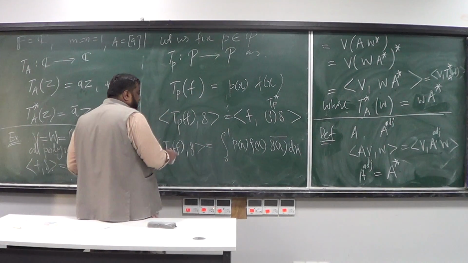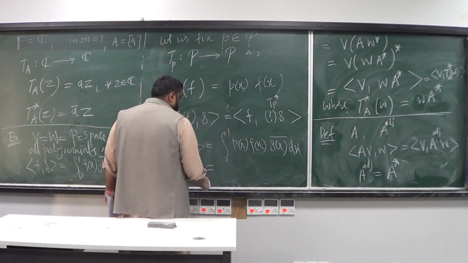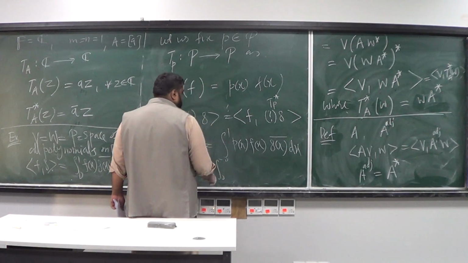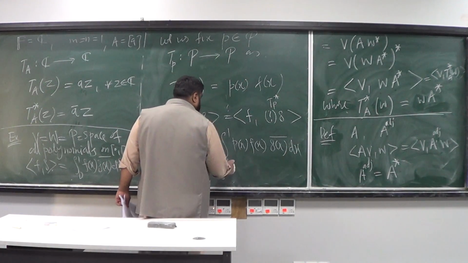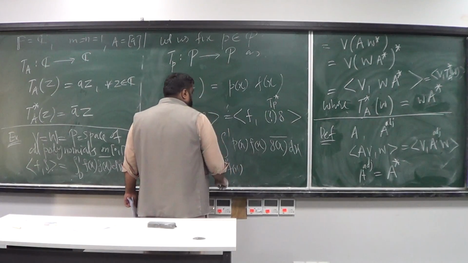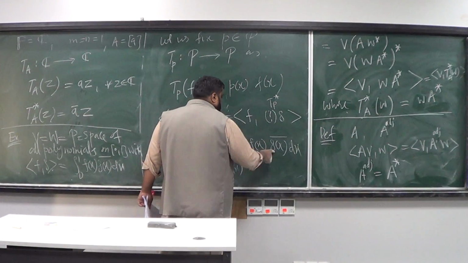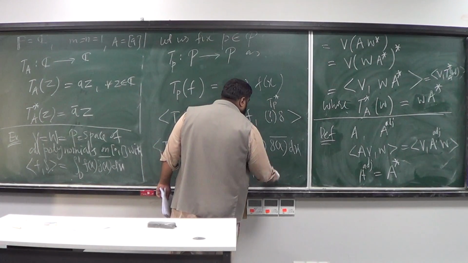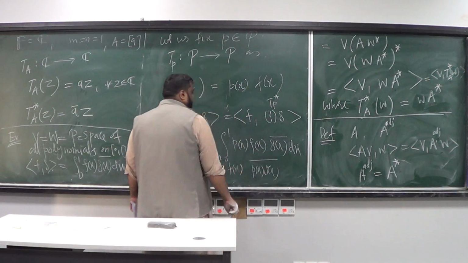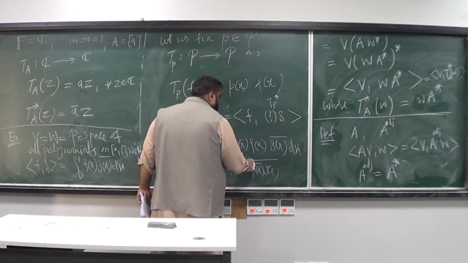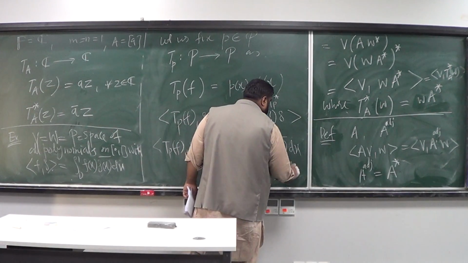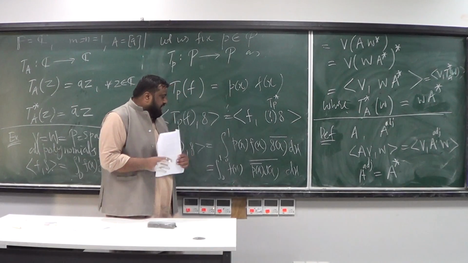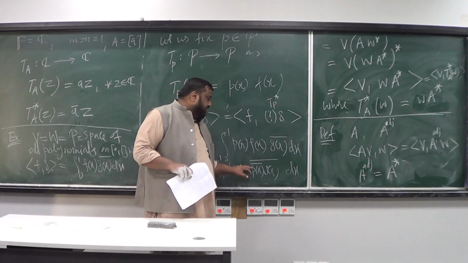Now this can be done that if I keep this f of x aside and I write the other expression as p of x times g of x, but I put a conjugate on it. Then I need to put a conjugate here times dx. Because what would be the conjugate of the conjugate?